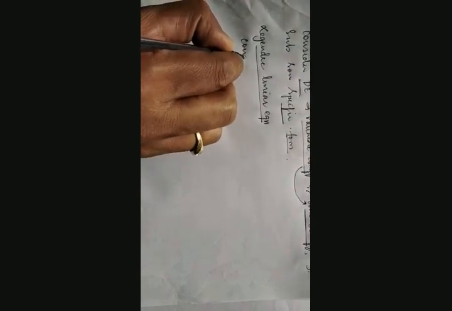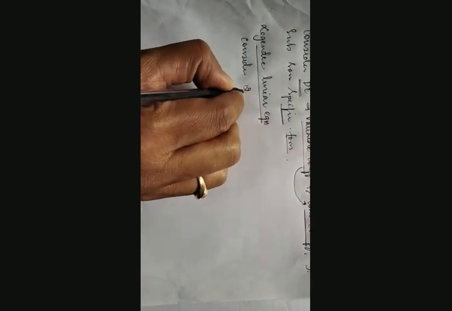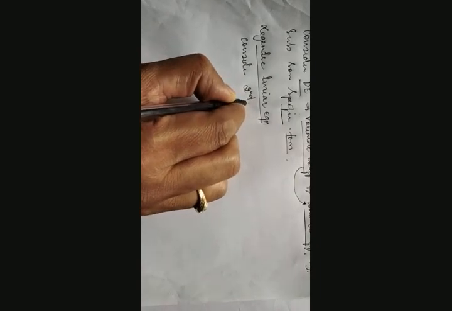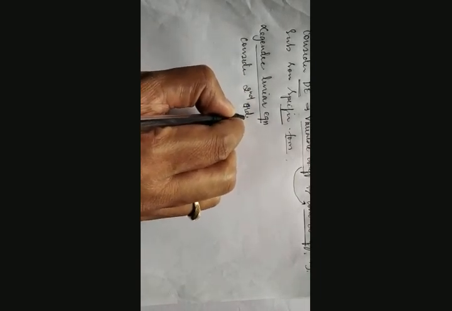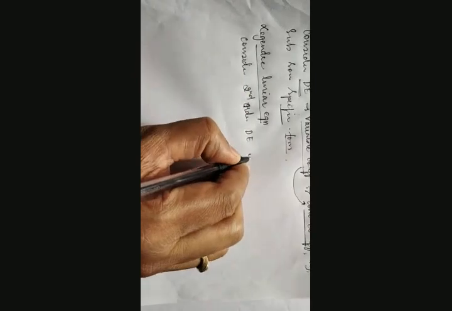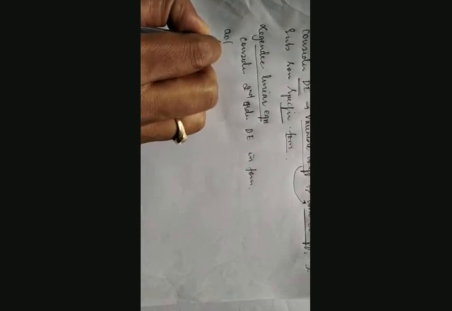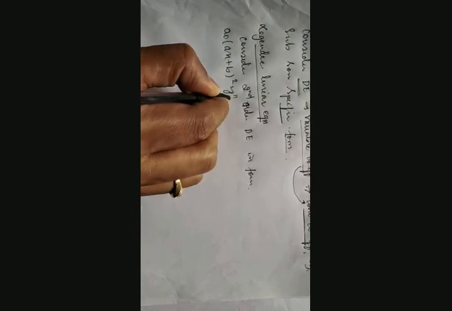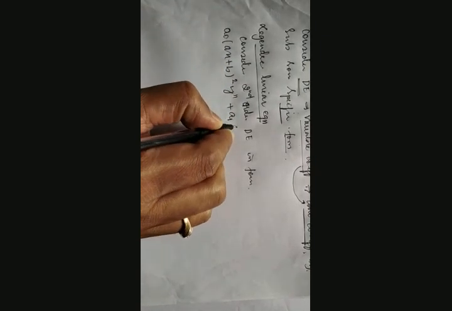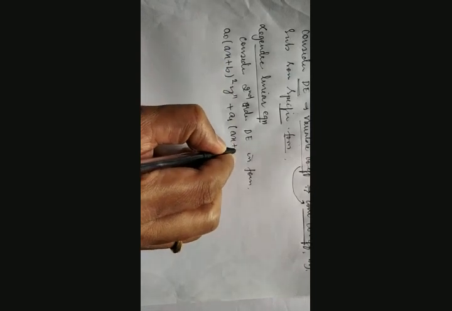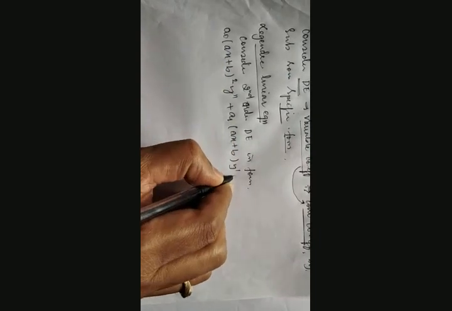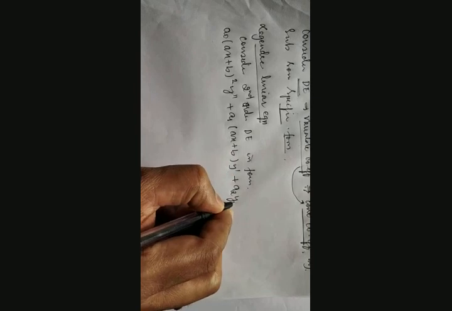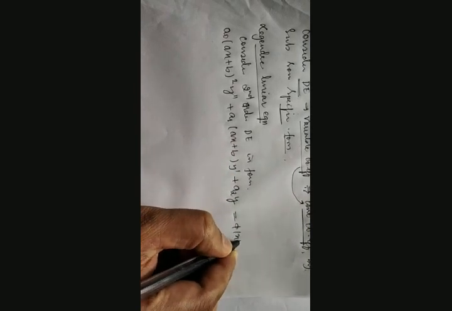If we consider a second order differential equation in the form a0 into (ax plus b) square y double dash plus a1 into (ax plus b) y dash plus a2 into y is equal to phi of x.